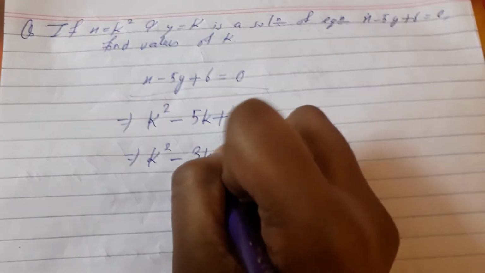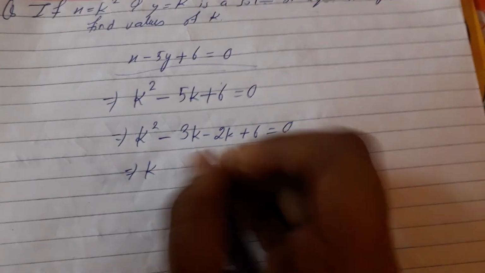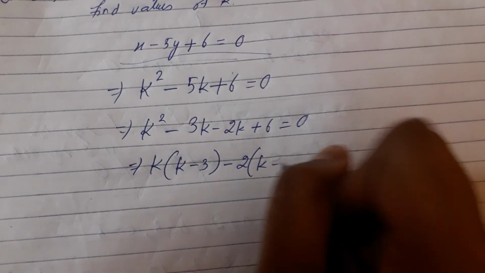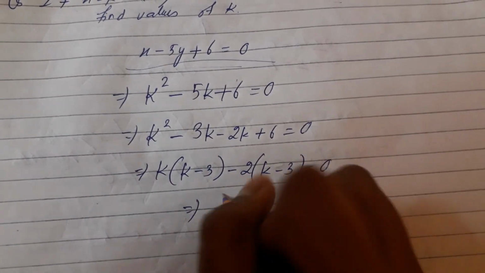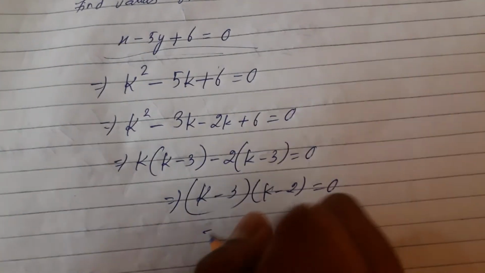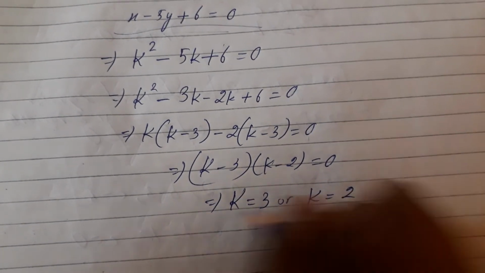This will be k squared minus 3k minus 2k plus 6 equals 0. Take k common: k(k minus 3) minus 2(k minus 3) equals 0. So (k minus 3) into (k minus 2) equals 0. So k equals 3 or k equals 2. This is your answer.